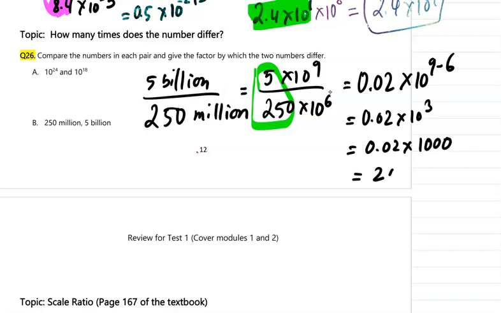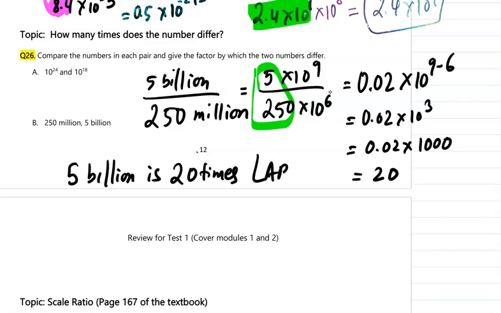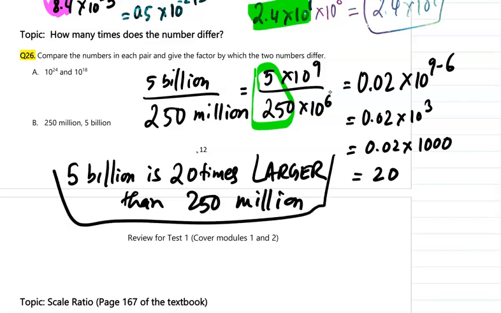This is the same as 20. So I can say that 5 billion is 20 times larger than 250 million. That's the answer.